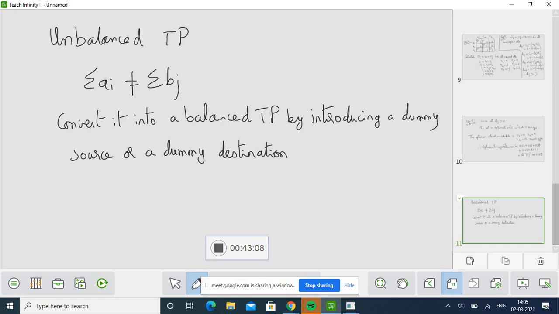So this is what is done, with zero cost vector. I'll tell you what this is.